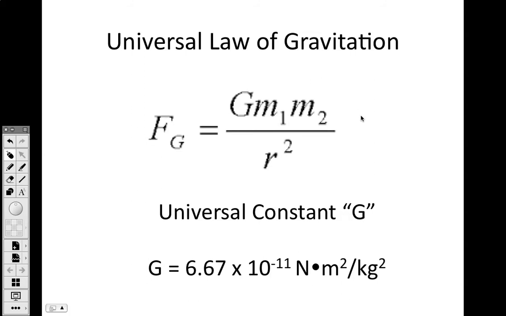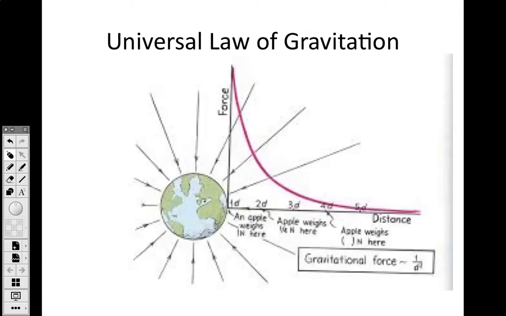Those denote the two objects we are calculating the force of gravitation between. And on the bottom of our equation, we've got our radius squared, where we plug in the distance between those two objects.